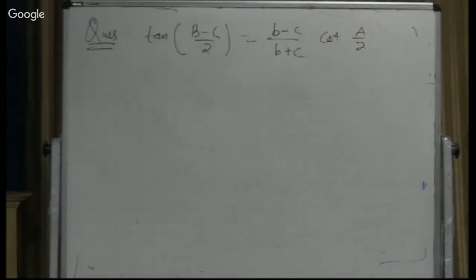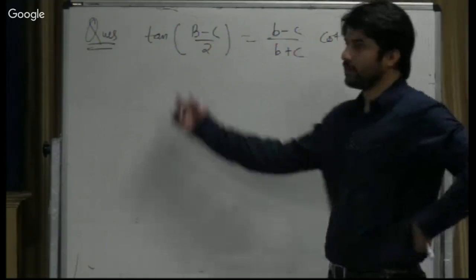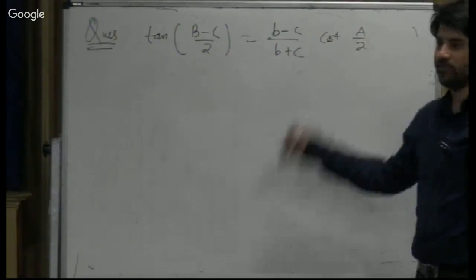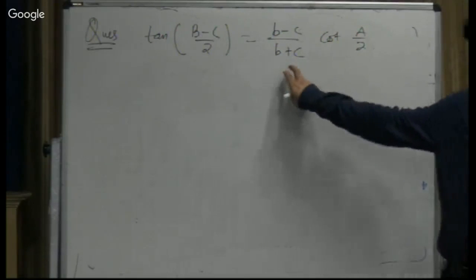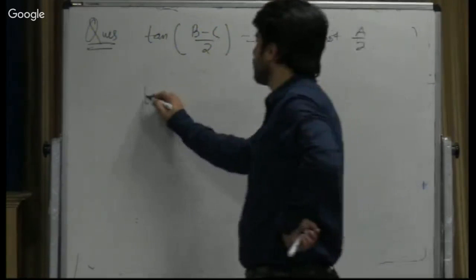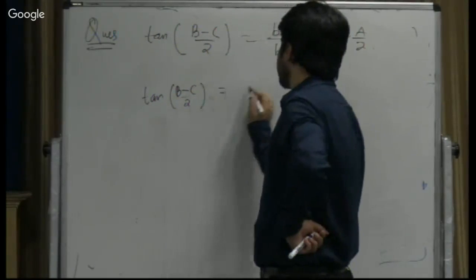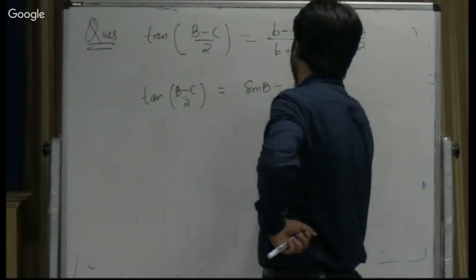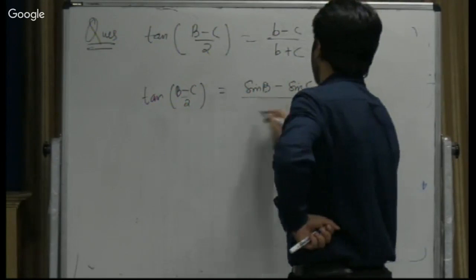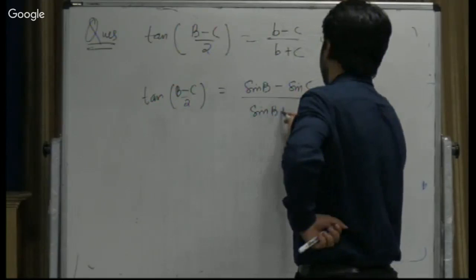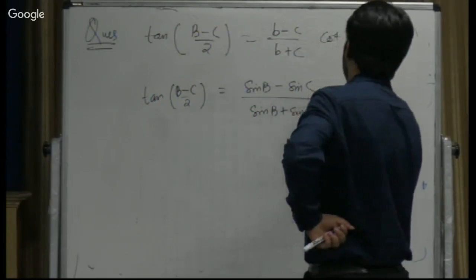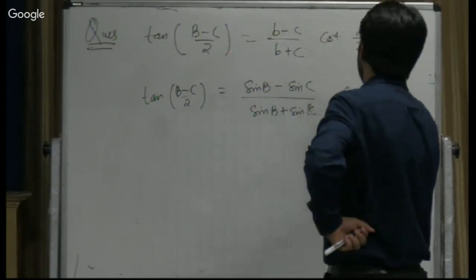Okay, now how to go for it? Again, we'll get rid of the sides. ये proof करना था. So I can say sine b minus sine c upon sine b plus sine c is equal to cot a by 2 into tan (b minus c) by 2.